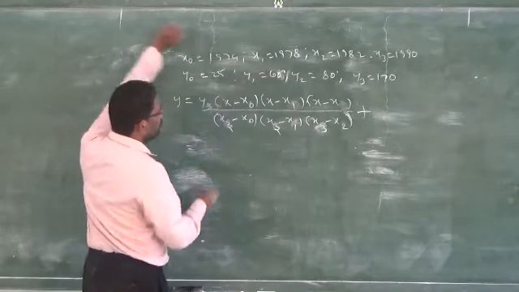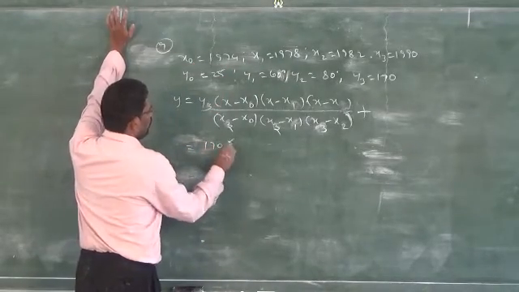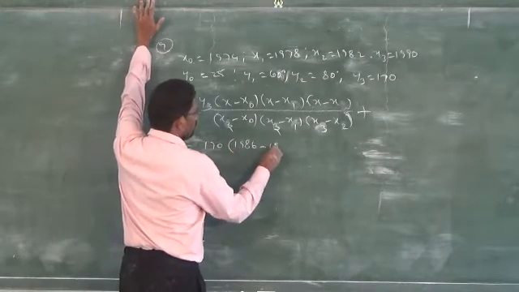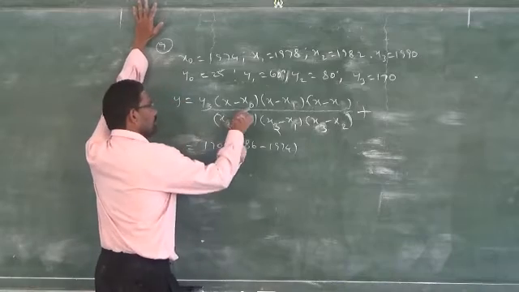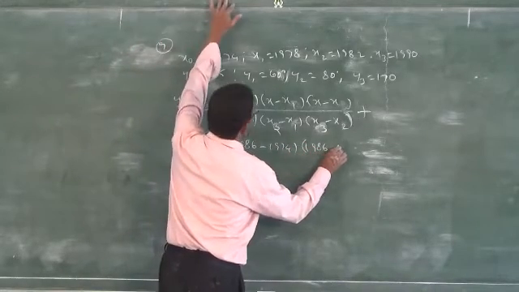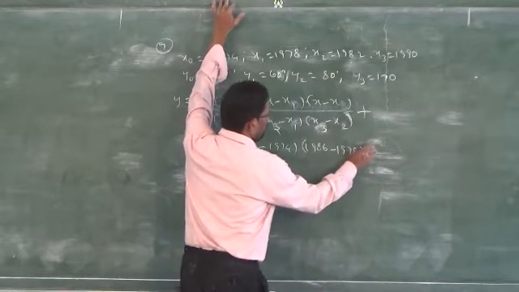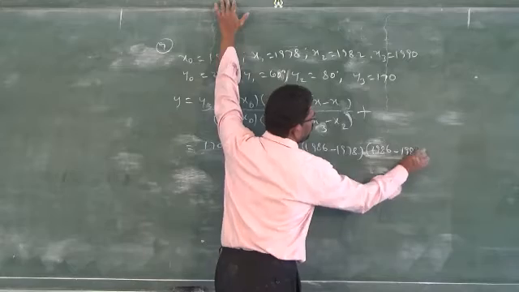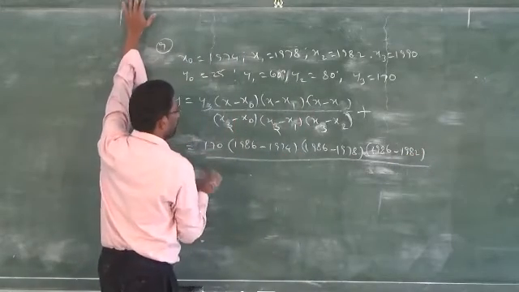What is your y3? 170, x 1986 minus 1974. Just replace x: 1986 minus 1978, 1986 minus 1982 by x3.